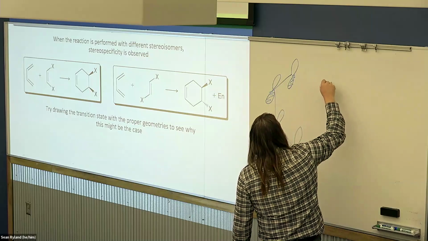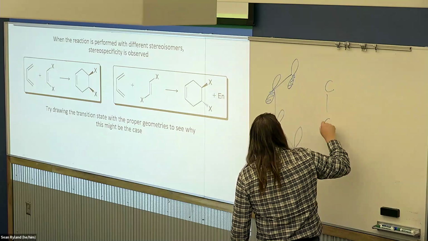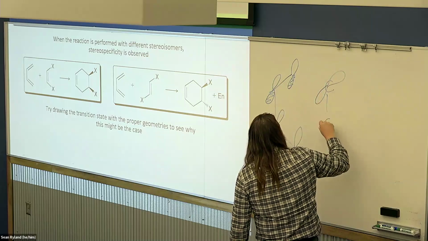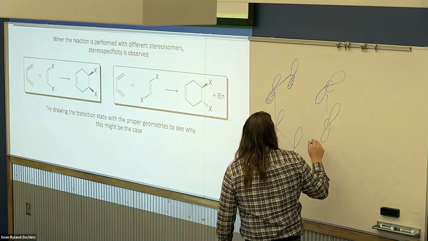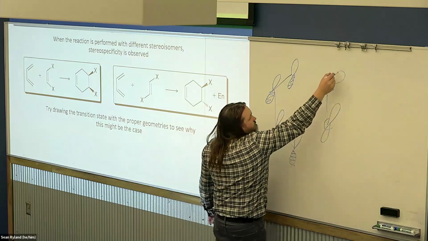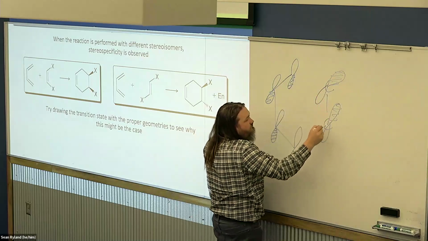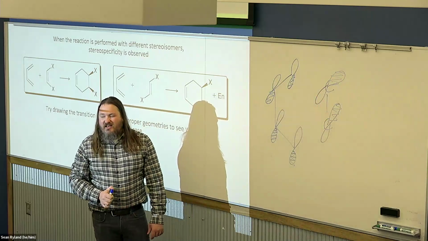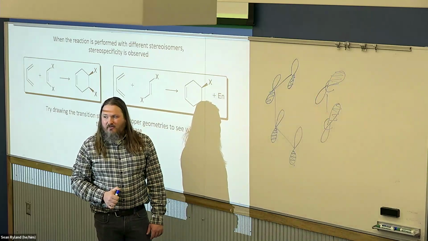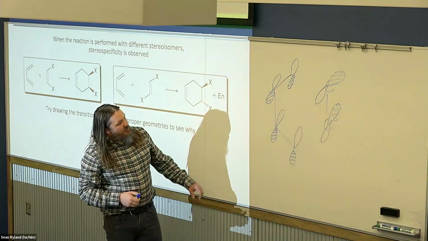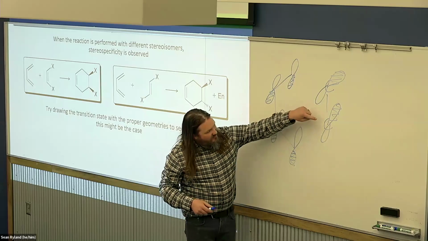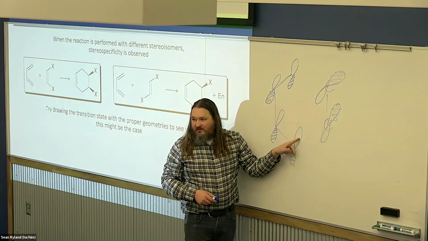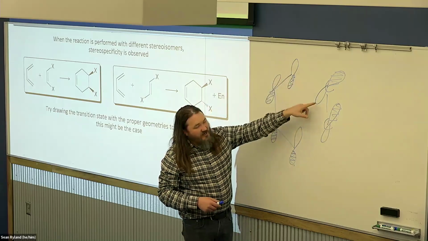So if we're trying to make new sigma bonds out of pi bonds, we need them to overlap. Basically, this pi bond needs to overlap a little bit with this pi bond, right? And same with the other side.